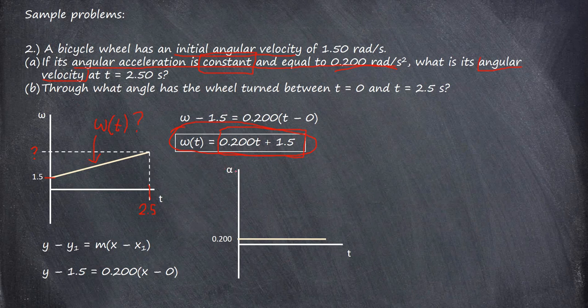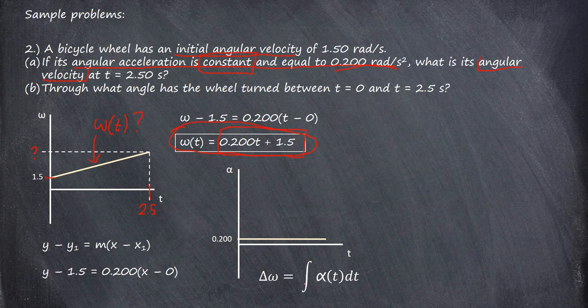For letter A, I realized we can use the acceleration versus time graph. And as you can see, for the acceleration versus time graph, our graph is a straight horizontal line because our acceleration 0.2 is constant. Now we can calculate the area under this line, and that represents the change in angular velocity.